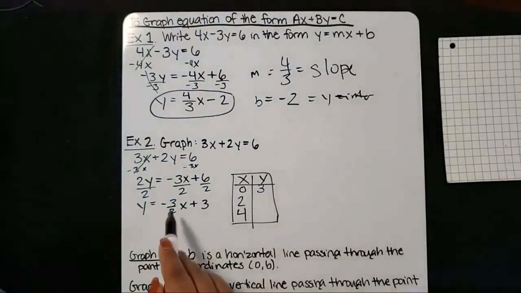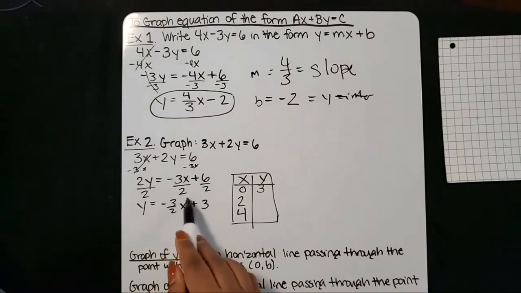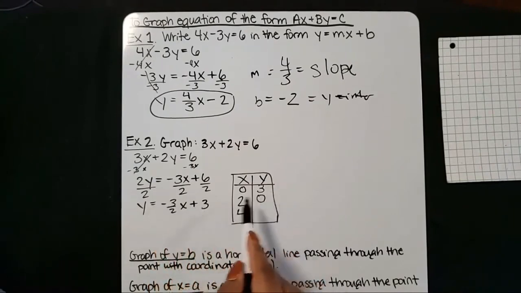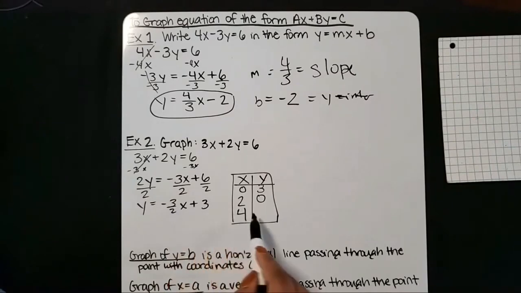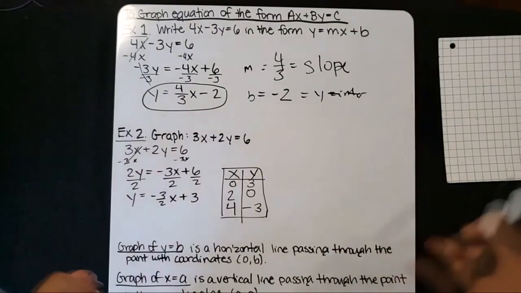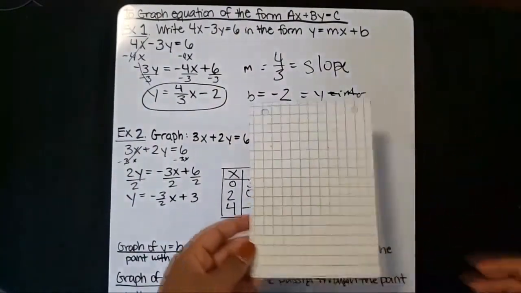If I plug a 2 in for x, 2 over 2 will be 1, and we'll have negative 3 plus 3, which would be 0. If I plug a 4 in for x, 4 over 2 is 2 times negative 3, which would be negative 6 plus 3 will give us negative 3. All right. From here, now that we have our 3 points, we can graph it.